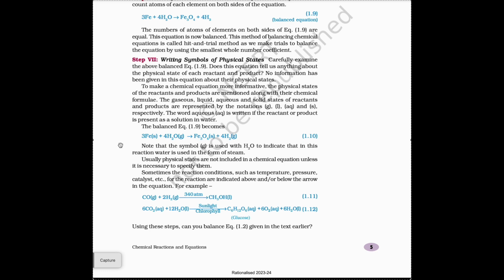Sometimes the reaction conditions such as temperature, pressure, catalyst, etc. for the reaction are indicated above and/or below the arrow in the equation.